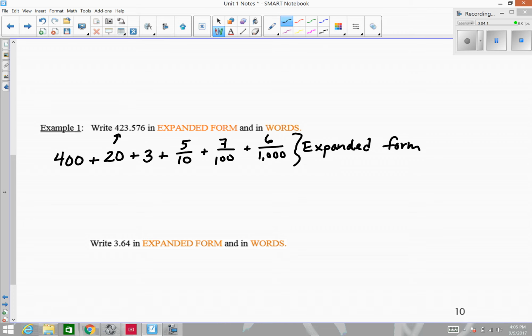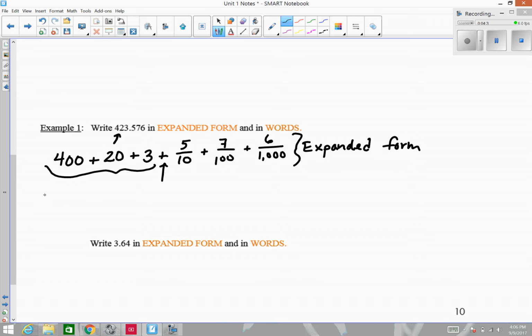To write this in words, I'm going to group what numbers come before the decimal place, which would be here, and I'm going to group the numbers that come after that. And what I mean is I'm going to, in words, add these together and write that down in words.